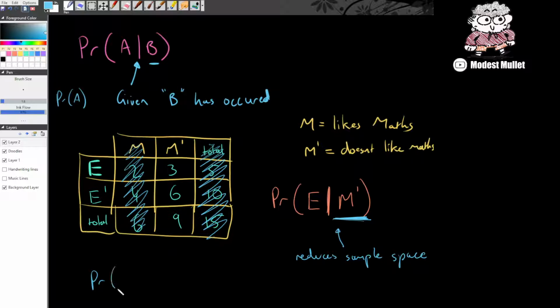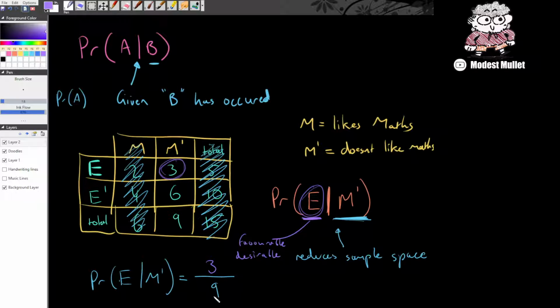So the conditional probability that a student likes English given they don't like maths, well, the total amount of outcomes or total amount of survey participants was 9, and this first term, that's our favorable or our desirable outcome. Okay, and we can see, well, how many of those 9 students that didn't like maths actually liked English? We can see that there's 3 of them that did like English.